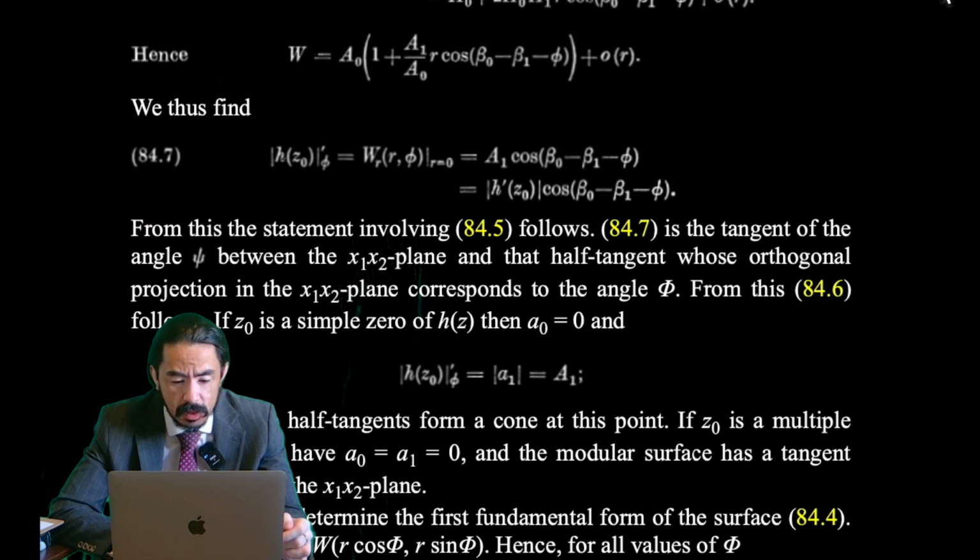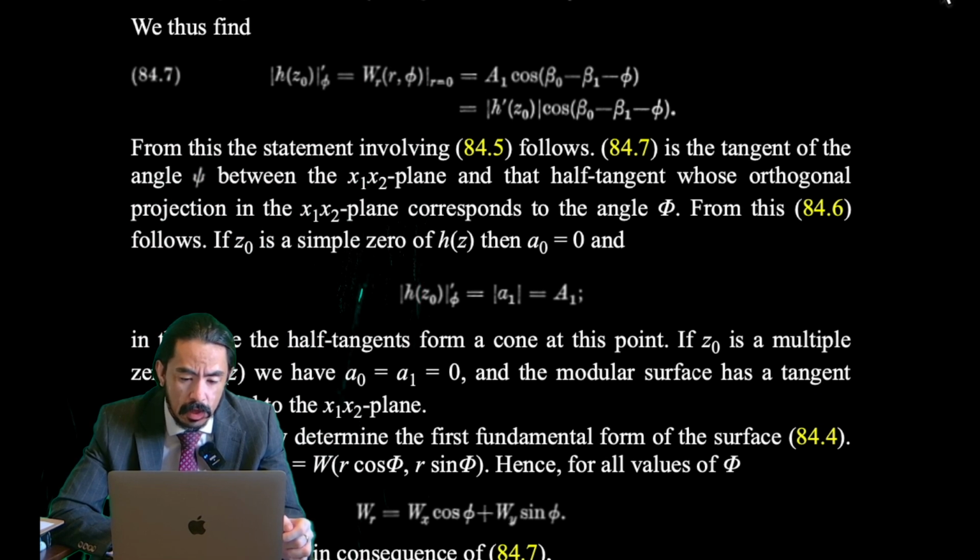We thus find that the derivative of the modulus of h at z naught, sub phi, is equal to capital W sub r evaluated where r equals 0. This is equal to capital A1 times cosine of beta naught minus beta 1 minus phi, which is equal to the modulus of h prime evaluated at z naught times the cosine of beta naught minus beta 1 minus phi.